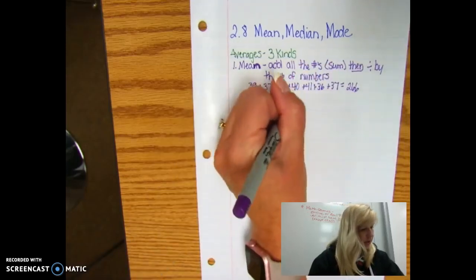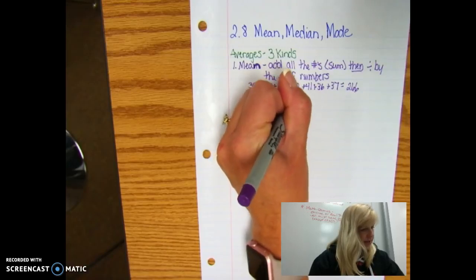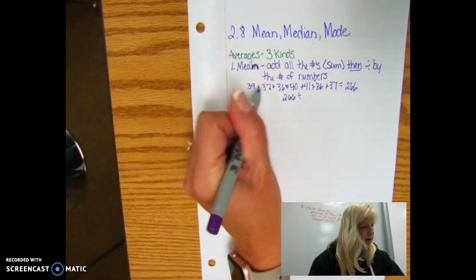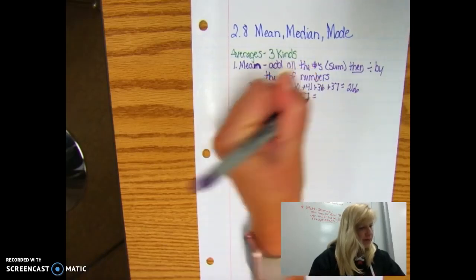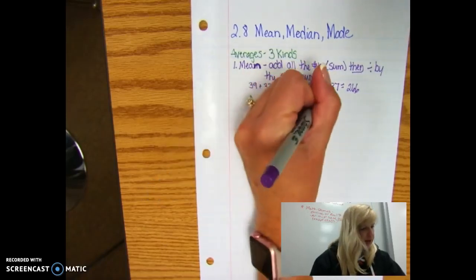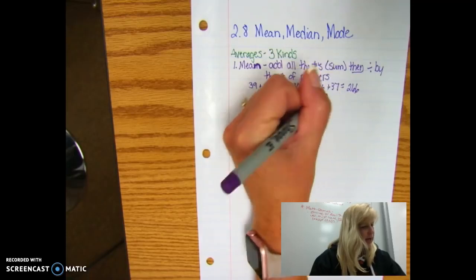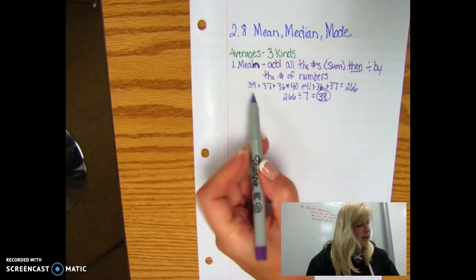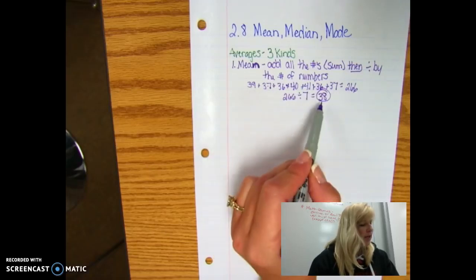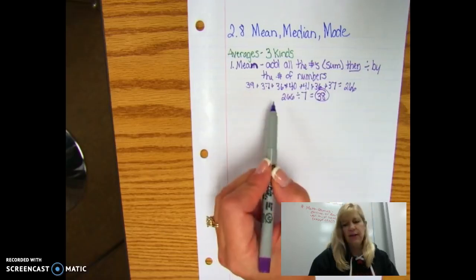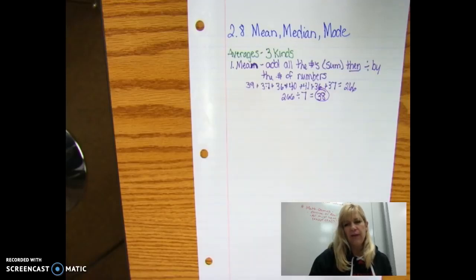And then you will divide 266 divided by 1, 2, 3, 4, 5, 6, 7. If you divide 266 by 7, you get the number 38. So notice that we have our long range of numbers here, and you can see that 38 is a nice middle number that fits in there. It's when you add them all up and divide by the number of numbers.